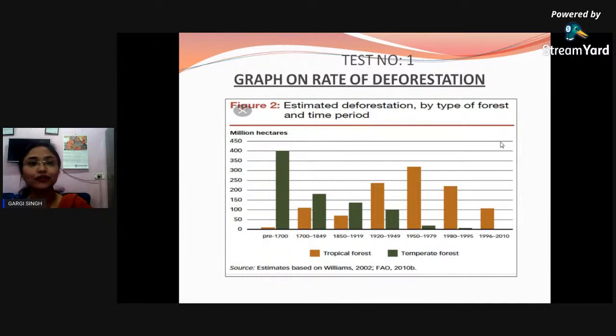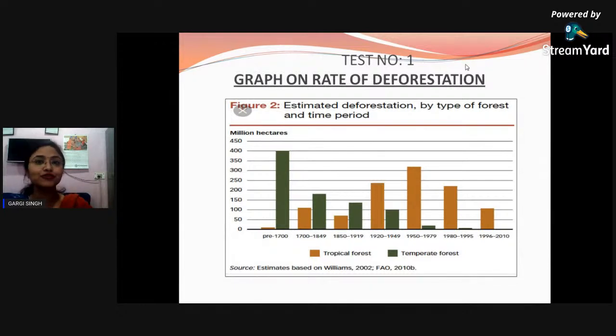So the vertical line is for million hectares, the area covered under deforestation, the horizontal line is for the time period, and the colors are for the types of forest. I hope you have clearly analyzed the graph. I'll give you some time to look into it so that you properly understand the pattern of deforestation.